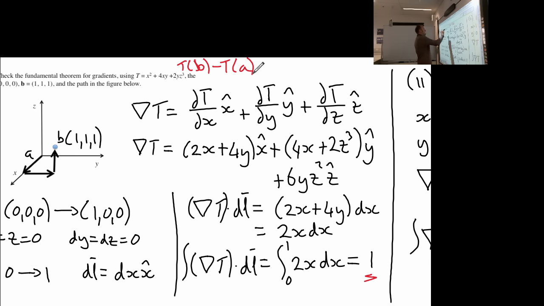With B we're going to get 1 plus 4 plus 2, which is equal to 7. And now we can see that the fundamental theorem for gradients holds.